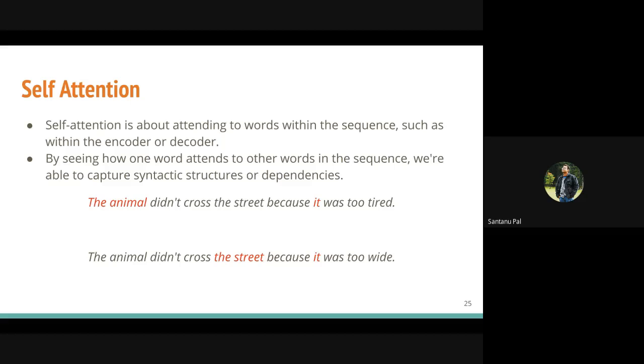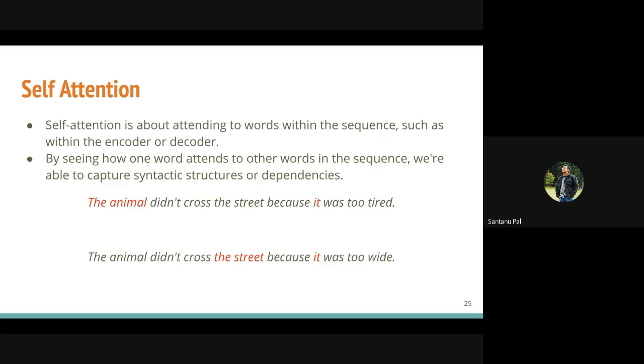Let's take this example: the animal did not cross the street because it was too tired. Here, it is referring to the animal in the first part of the sentence, because the animal was too tired.